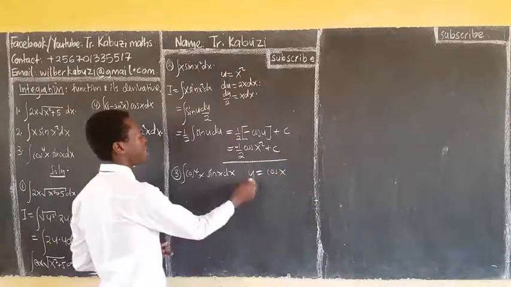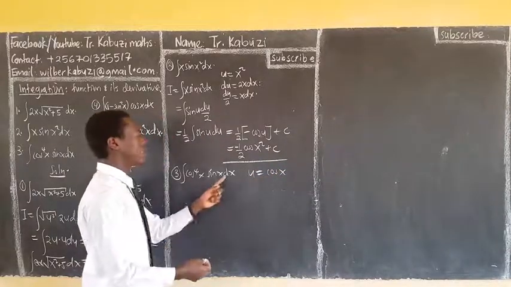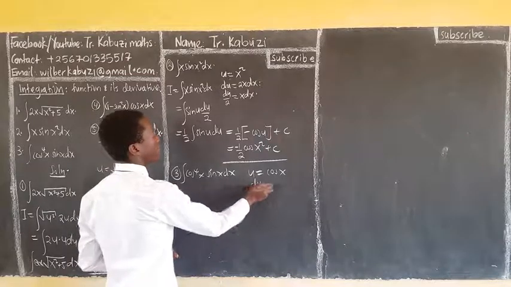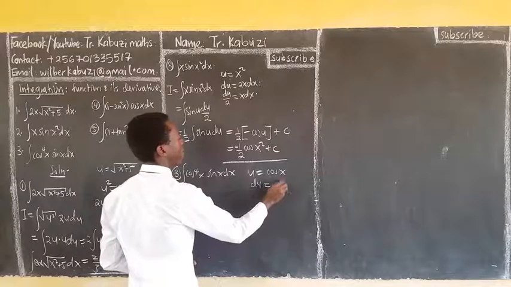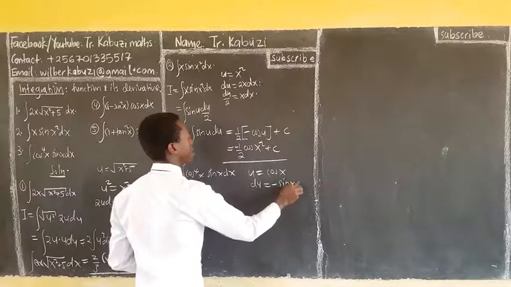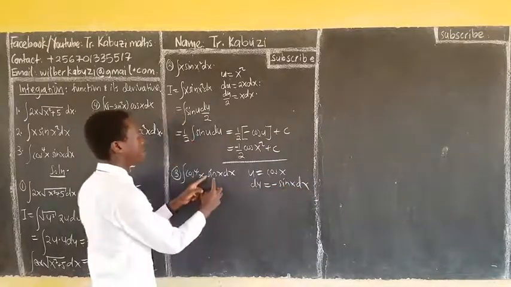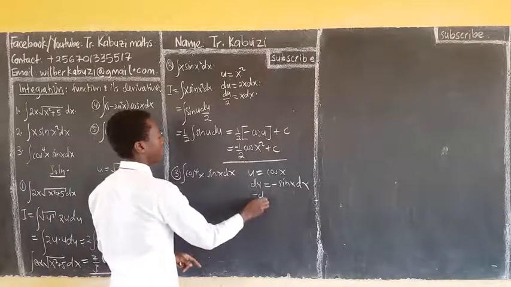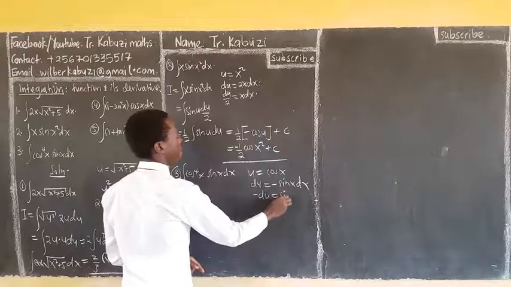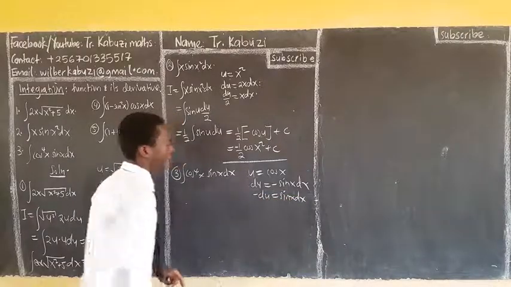It means that now I change the variables. So when you differentiate u you get du, and when you differentiate cos you get negative sine x dx. So you see you have sine x dx, so you don't have this negative, you remove it. So du will be sine x dx.